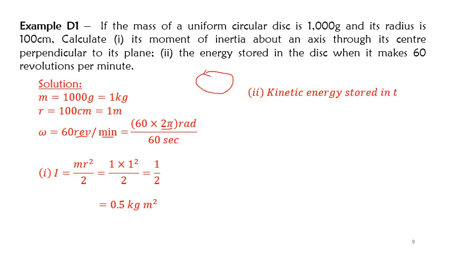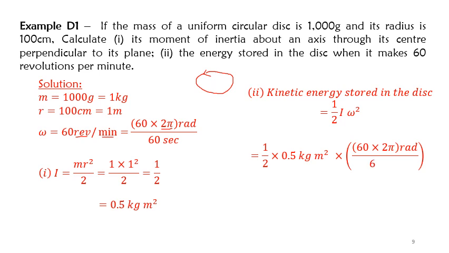And the second part, the energy stored in the disc. As a disc is rotating, it possesses kinetic energy. For rotational bodies, kinetic energy is half I omega squared. Recall that, we did that. So substitute your I, which is 0.5 kilogram meter squared, and your angular velocity, everything in bracket squared.